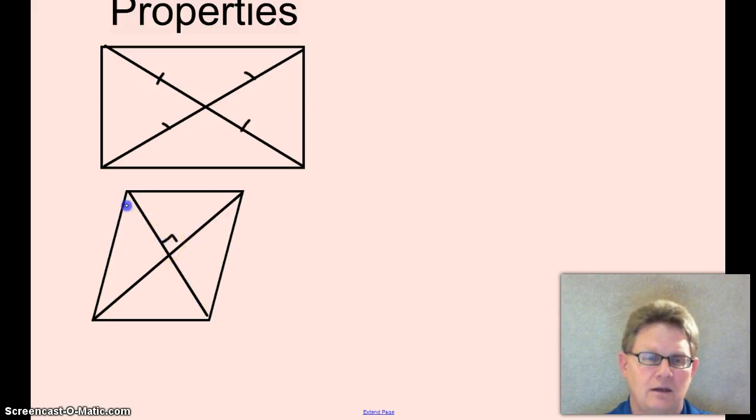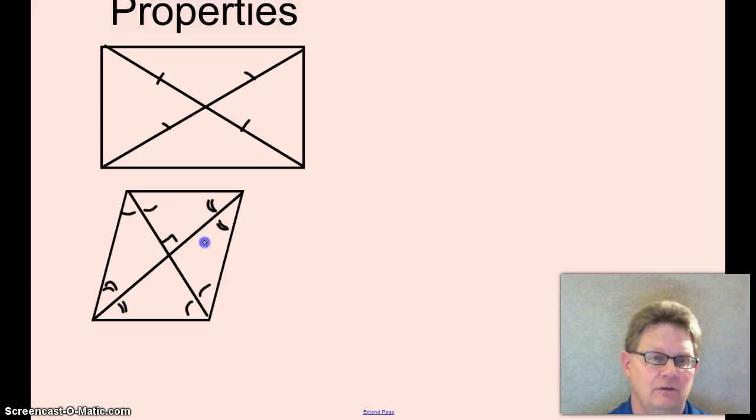Not only that, each diagonal is going to bisect a pair of opposite angles. And then this diagonal is going to bisect a pair of opposite angles. That's pretty cool.